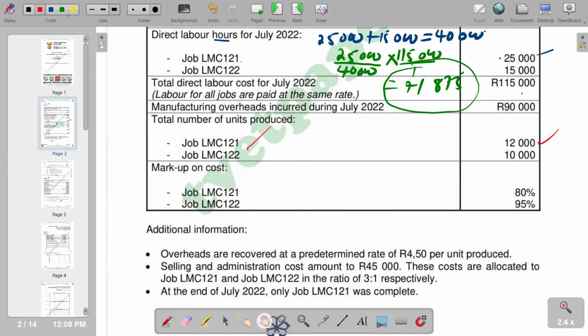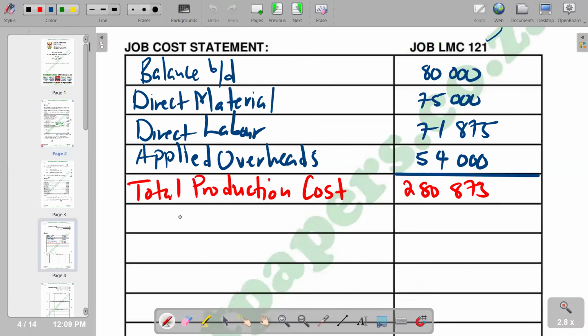So the proportion of job LMC 121: 3 plus 1 becomes the denominator, 4, and the numerator for LMC 121 is 3. So we say 3 over 4, and then we multiply by the total selling and administration cost amount, which is 45,000. We calculate and get 33,750. So this is the figure that is supposed to come here as our selling and administration costs.